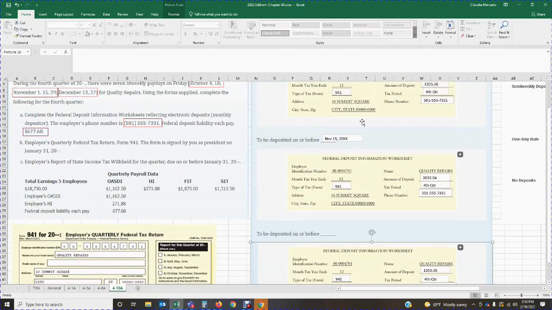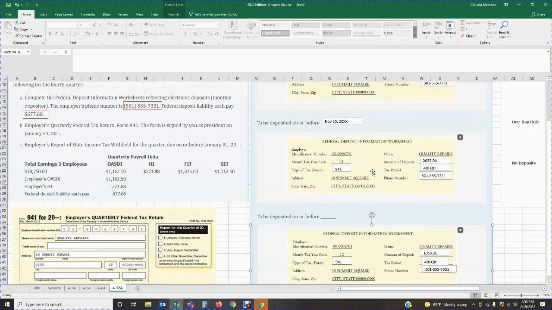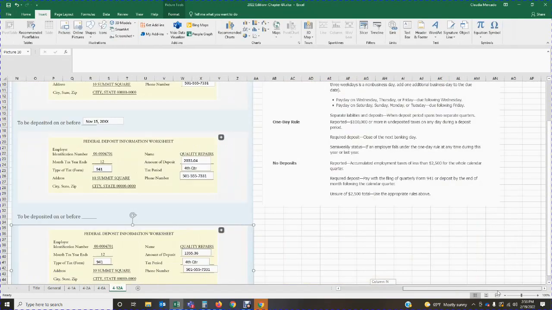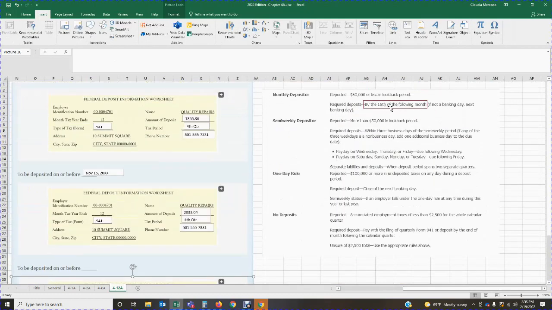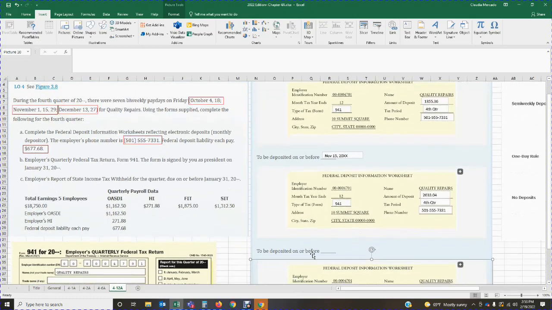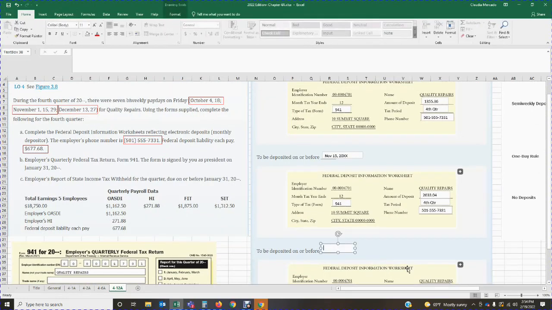Now, for October, we're going to make the deposit in November. For November, we're going to make the deposit in December. Remember, we're making the deposits because it is a monthly depositor, the 15th of the following month. So for November, let's put a text box here. The deposit date would be December 15th.